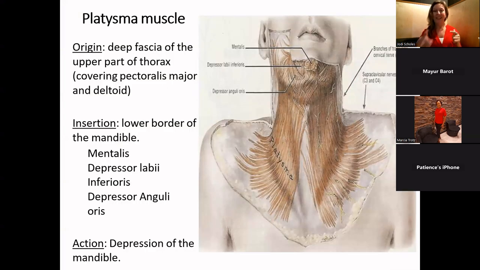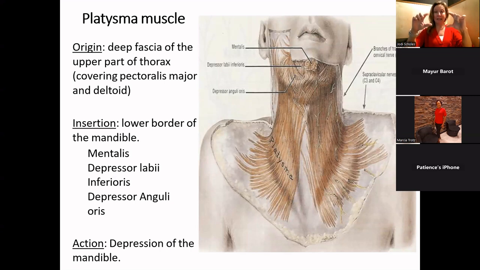Another big one that you may not have gotten in massage school, but this muscle is specifically responsible for depressing the jaw. So the mandible, the platysma muscle, this big platysma muscle, is responsible for depressing the jaw, the mandible.